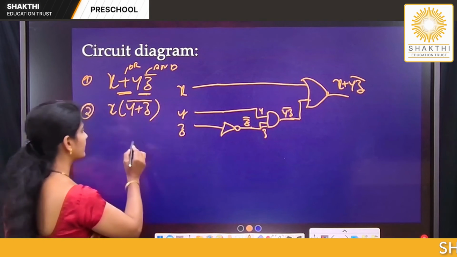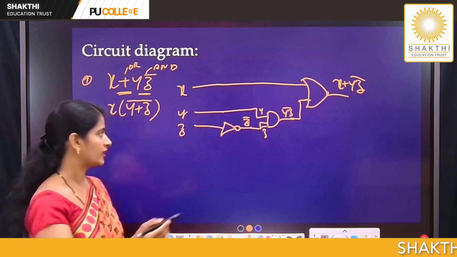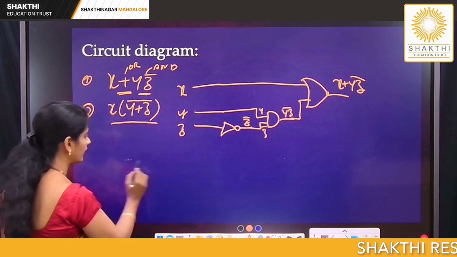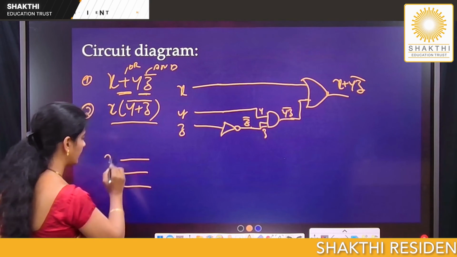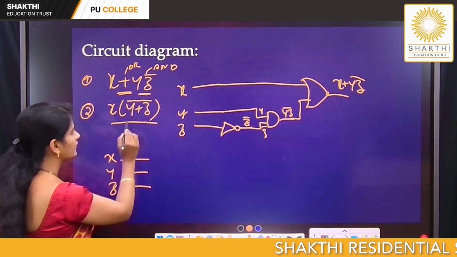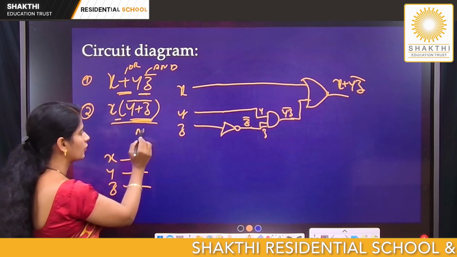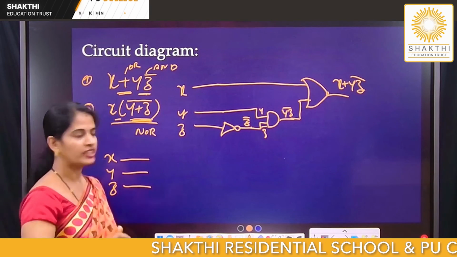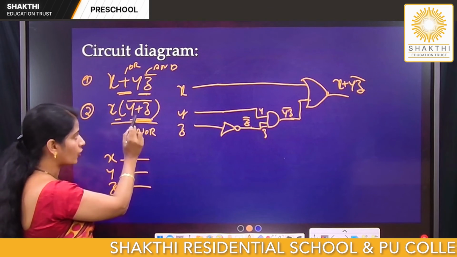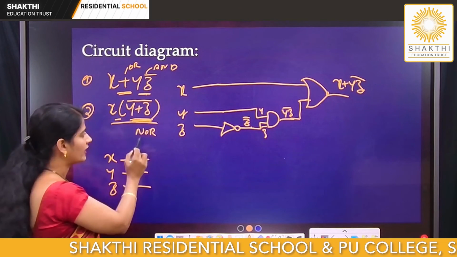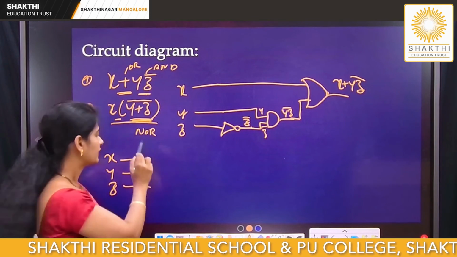For the second example, let's use basic gates and derived gates. Here you have 3 inputs, X, Y and Z, and this is an AND operation, and here you can see this is a NOR operation. So instead of using AND, OR gate and complementing it, you can directly use the derived gate, that is NOR gate.